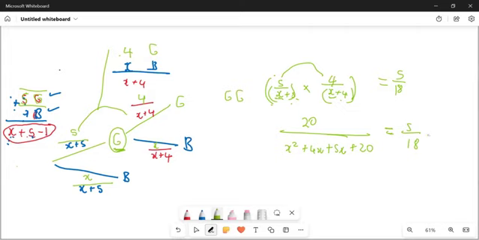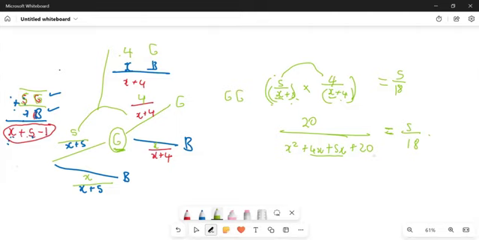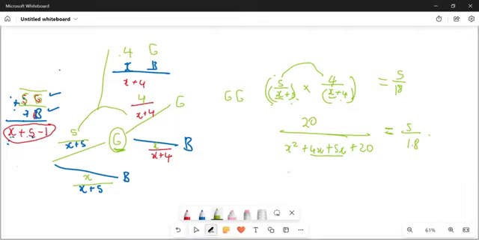Take this one to the other side. 5x squared, 20x. Okay, let's add these two. I agree these two are like terms. We will have 20 multiplied by 18. What is 20 multiplied by 18, girls? This one multiplied by this one, yeah? 360. This is 360, which is going to be equal to 5 multiplied by x squared plus 9x plus 20.